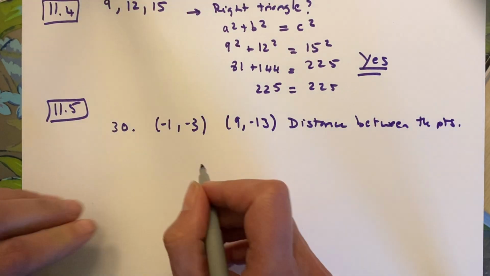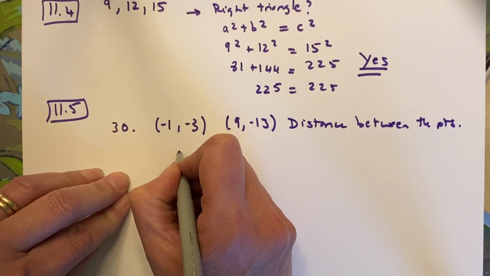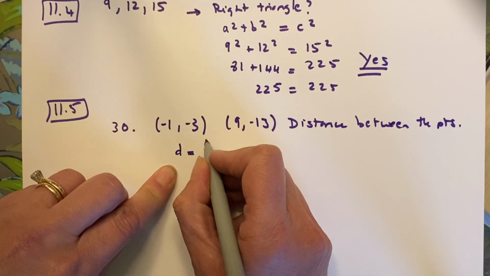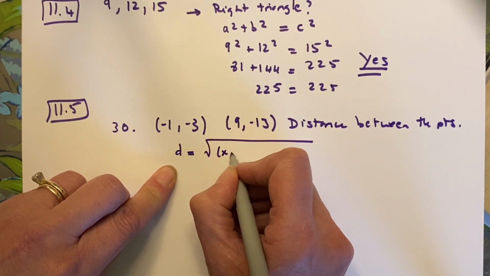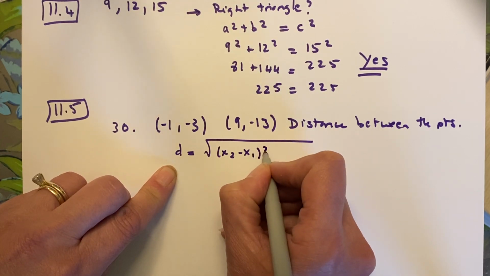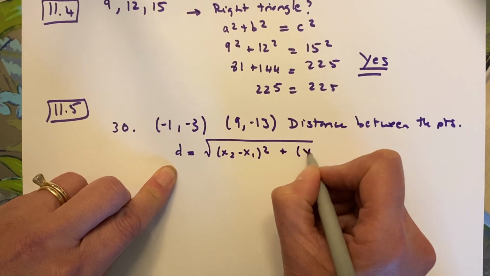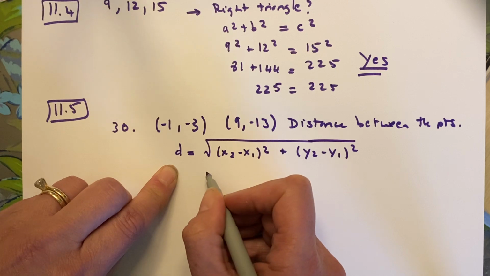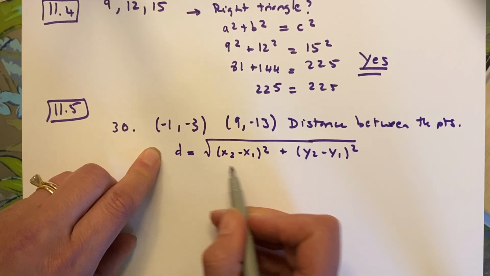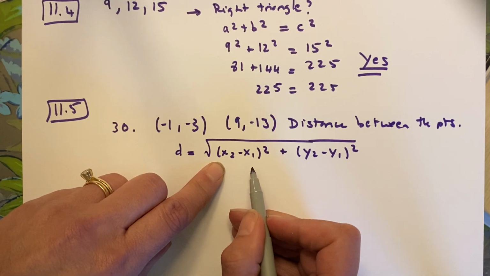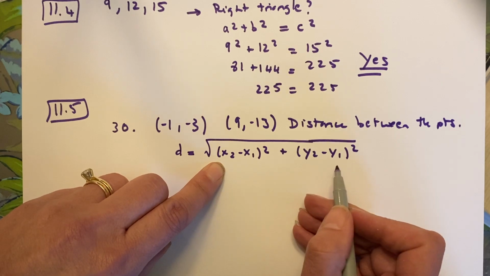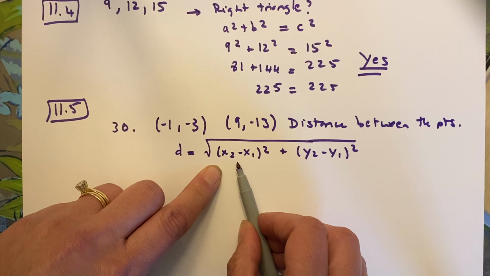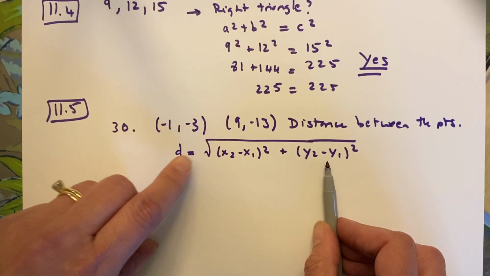Well, to do that, we have a distance formula, which, if you remember, was derived directly from the Pythagorean theorem, and it is d equals the square root of x2 minus x1 squared plus y2 minus y1 squared. And if I were to square both sides, I'd have x2 minus x1 squared plus y2 minus y1 squared equals d squared, which is really just the Pythagorean theorem, where this is a squared plus b squared equals c squared.